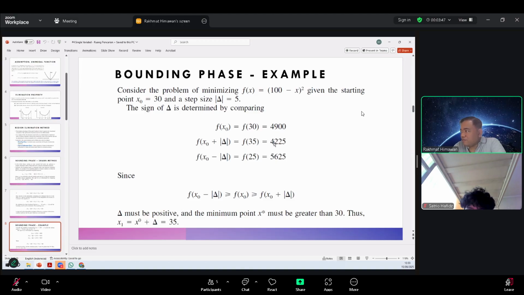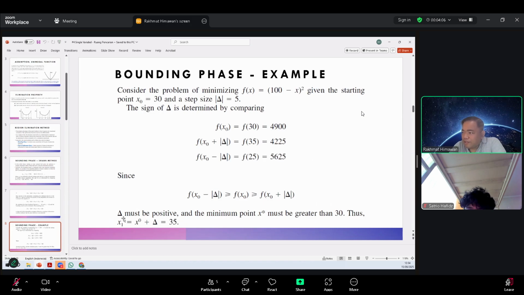See, f(35) is 4,200, lower. This one is higher. So the updated x1 is equal to x0 plus delta, which is 35.